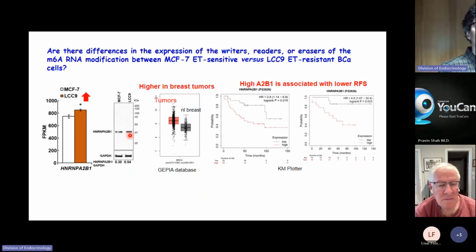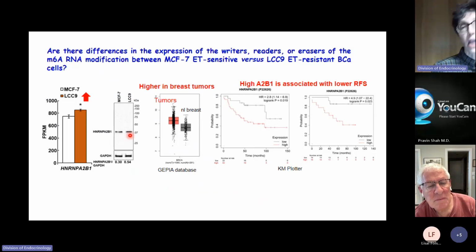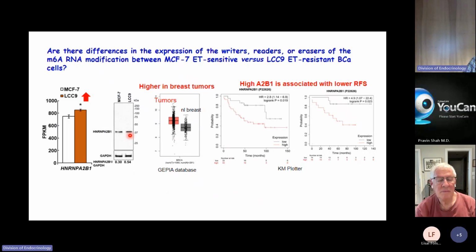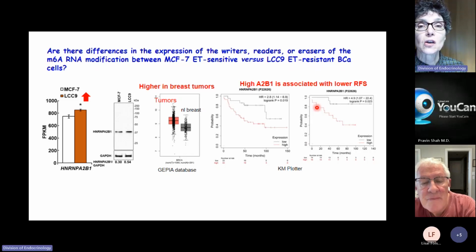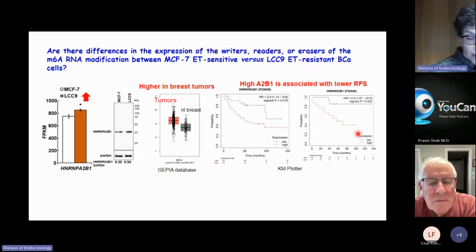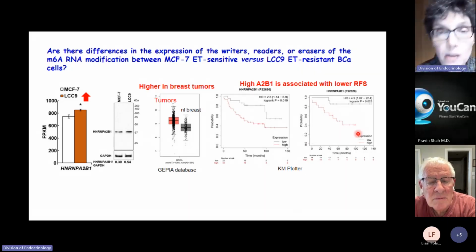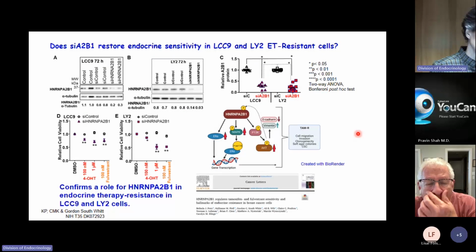And hnRNPA2B1 was higher in breast tumors compared to normal breast samples. We're going to call it A2B1 because it's a lot to say hnRNPA2B1 all the time. High A2B1 was associated with a lower relapse-free survival in ER-positive breast cancer patients.